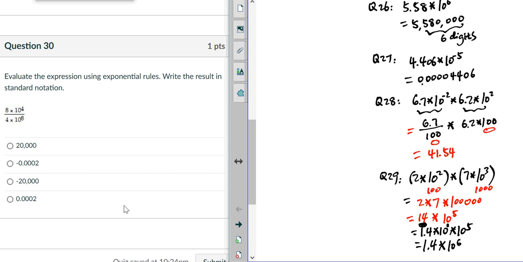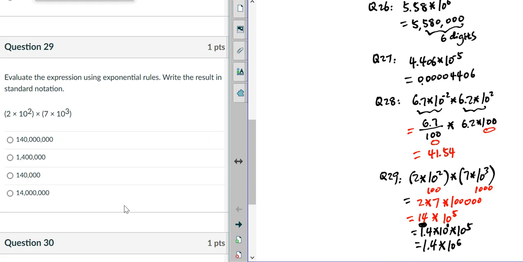That's the answer right here. 1.4. And then you shift this number 6 times. So you get the scientific notation, and then you may do more, as you may write here.